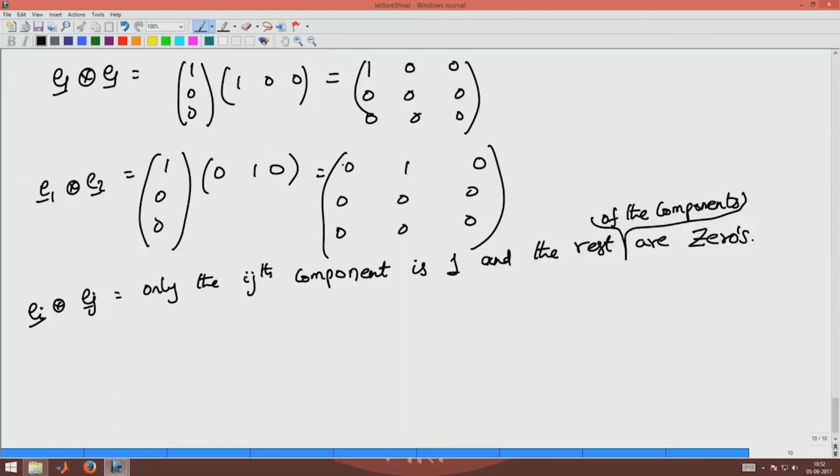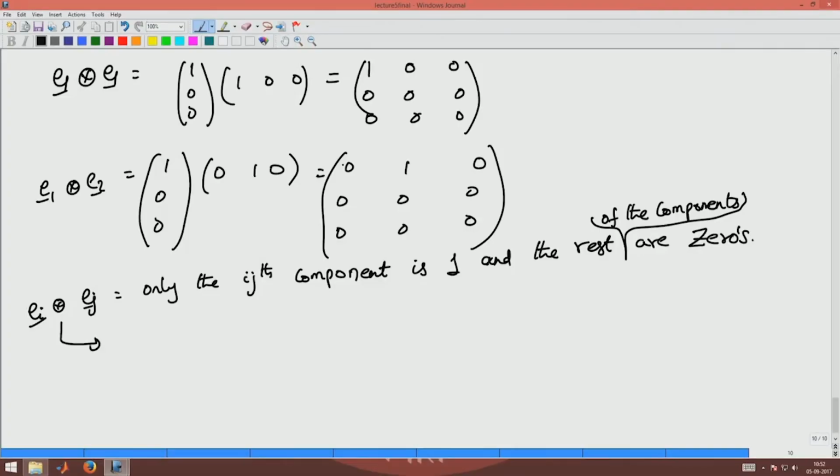Just like for a vector you have 1 0 0, 0 1 0, 0 0 1 as the basis vectors, for the tensor representation, one of the matrix entries being 1 and the rest of them being 0 are the basis for representing the tensor.